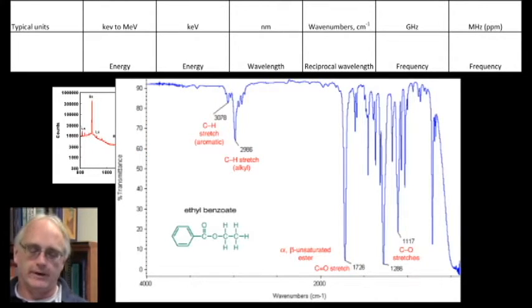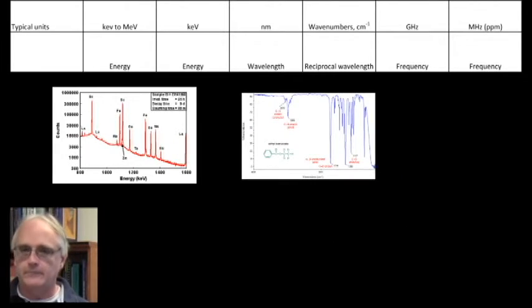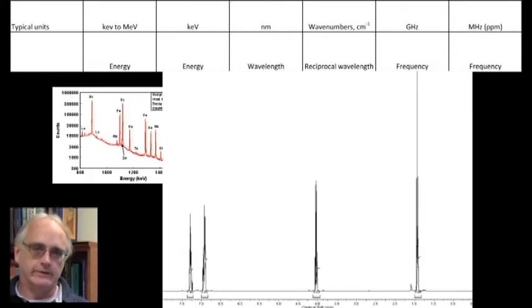We talk about the wavelength of light that causes a transition in UV-vis in nanometers. The infrared spectroscopists studying molecular vibrations will also use wavelength, often a modified wavelength we call wave numbers or reciprocal centimeters. The microwave and the NMR spectroscopists will typically use frequency units. For example, our particular instrument is a 400 megahertz NMR spectrometer.